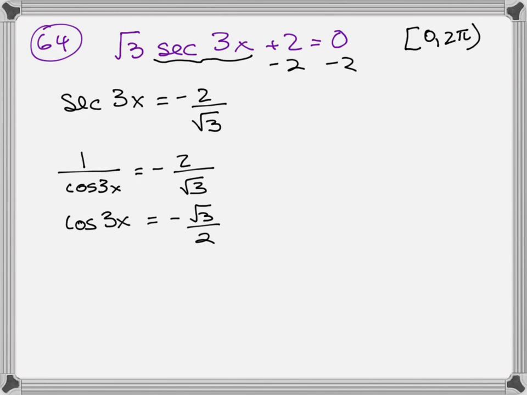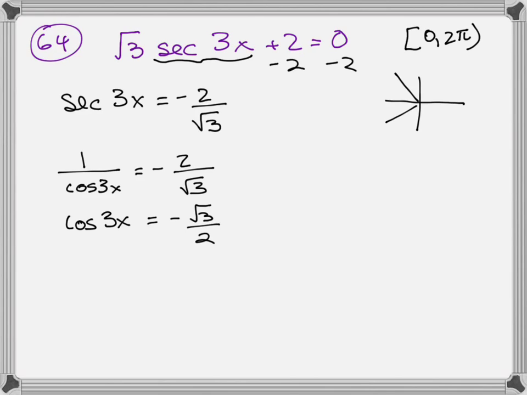Okay, so now the first step we're doing is we're disregarding this 3x. We're finding the angles for which the cosine is negative square root of 3 over 2. Well, the cosine is negative square root of 3 over 2 in quadrant 2 and in quadrant 3.